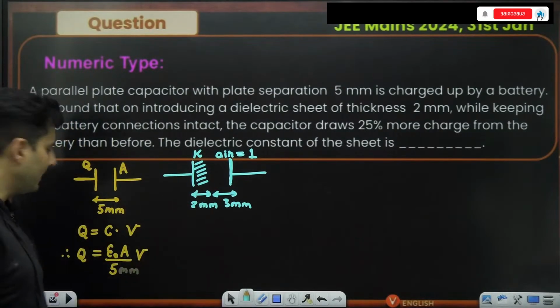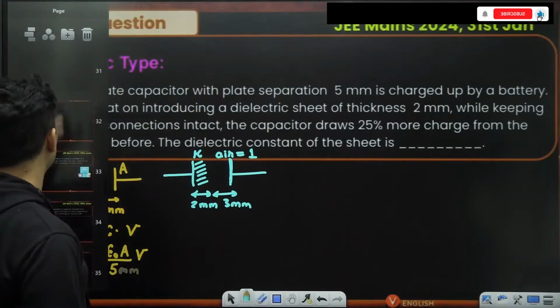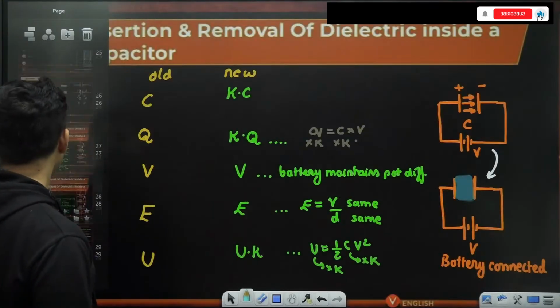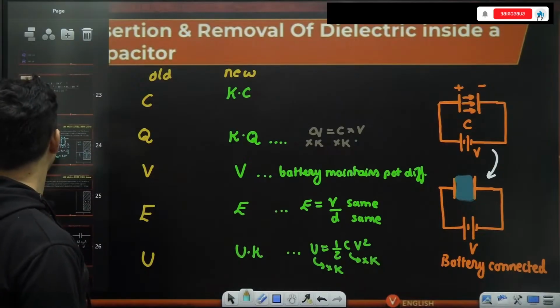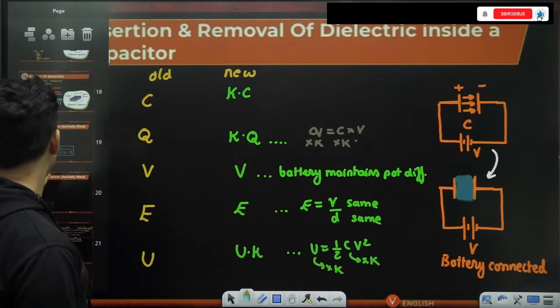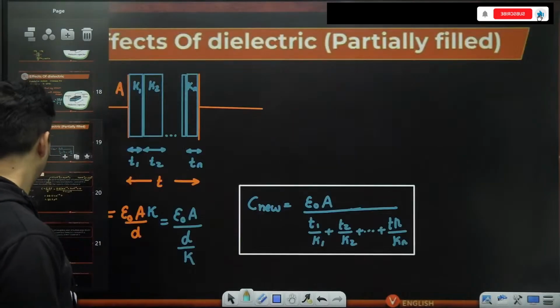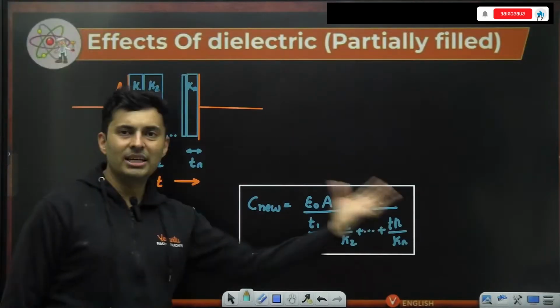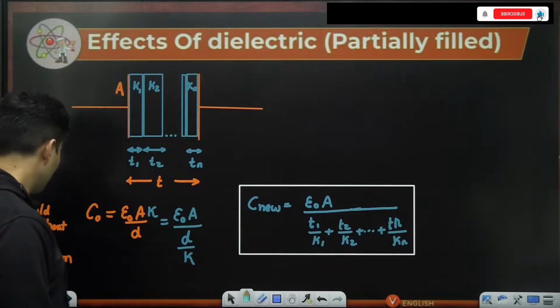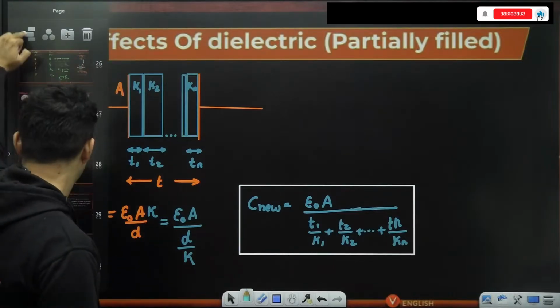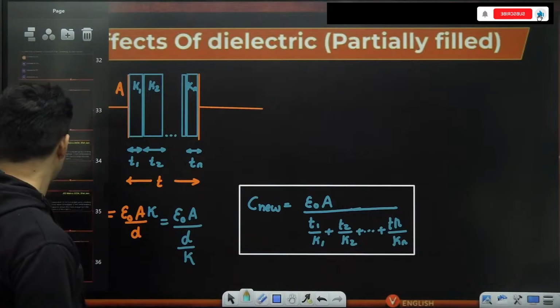This is just like using the formula I gave you earlier. Let me find it. Yes, this one. If it is partially filled, then in the denominator you will have the summation of T1 by K1. Okay, fine, sir, let us use that.